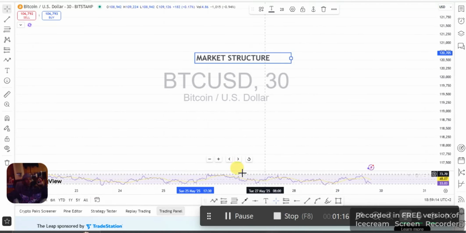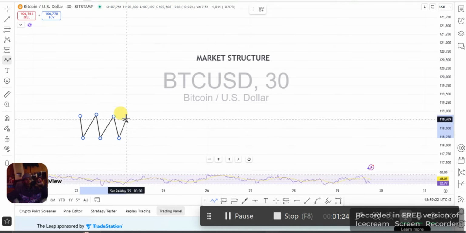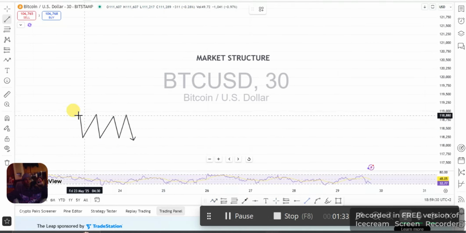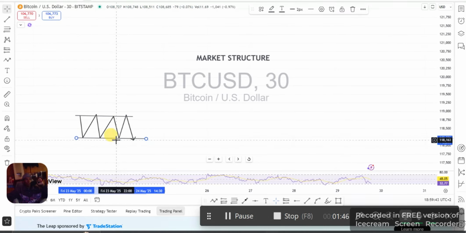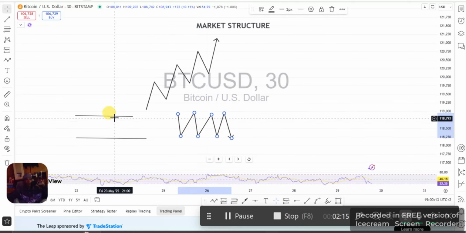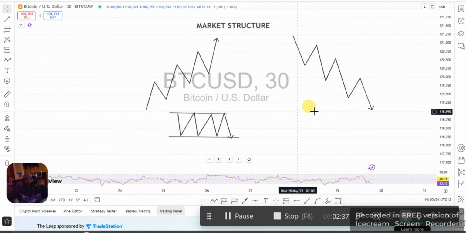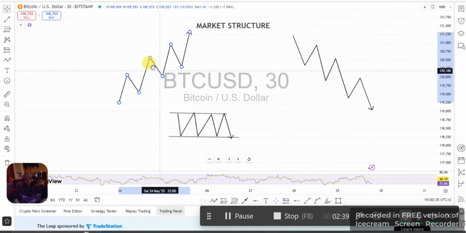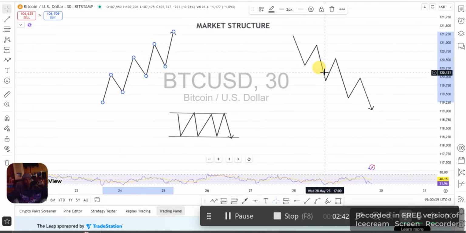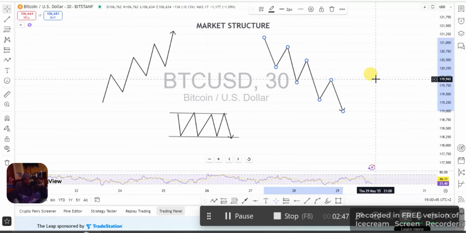So whenever you see something like this in the market, first of all, when you're about to analyze the market, you first need to understand where the market is going.